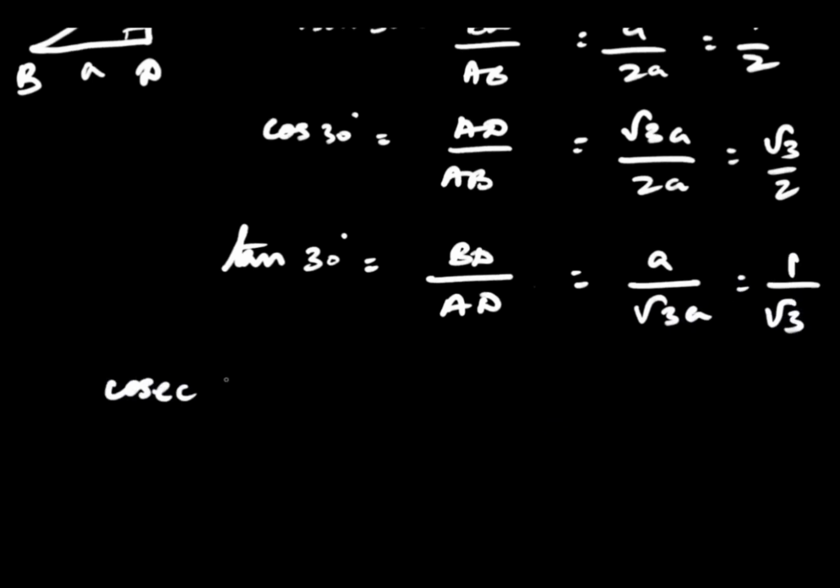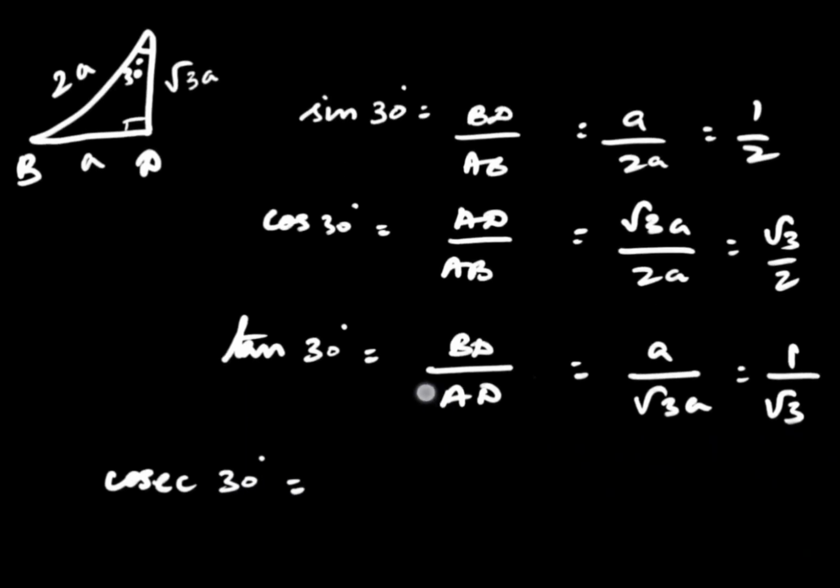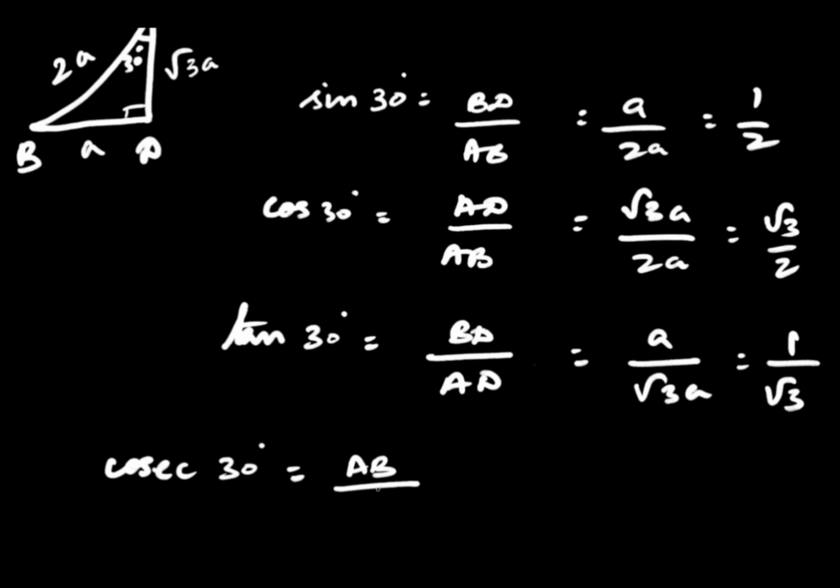Cosecant 30 is equal to hypotenuse by opposite side, AB by BD, which is equal to 2A by A is equal to 2.